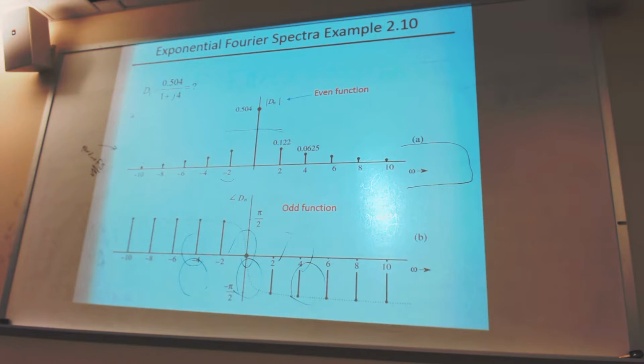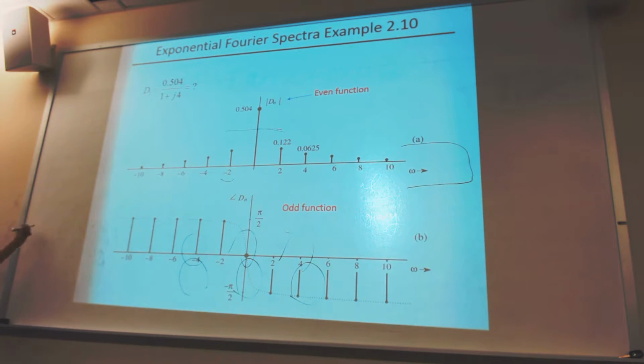So this is, let's say, D1. How can I find the magnitude of D1? If you have a complex number in this form, how can you find the magnitude? Is it the square root of each component of the denominator squared, the sum of those, or is it like 0.504 over 1 squared plus 0.504 over j4 squared and square root? Right, yes.